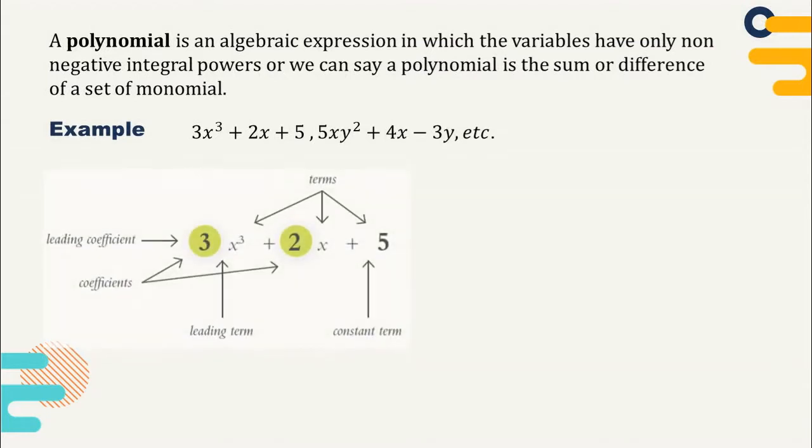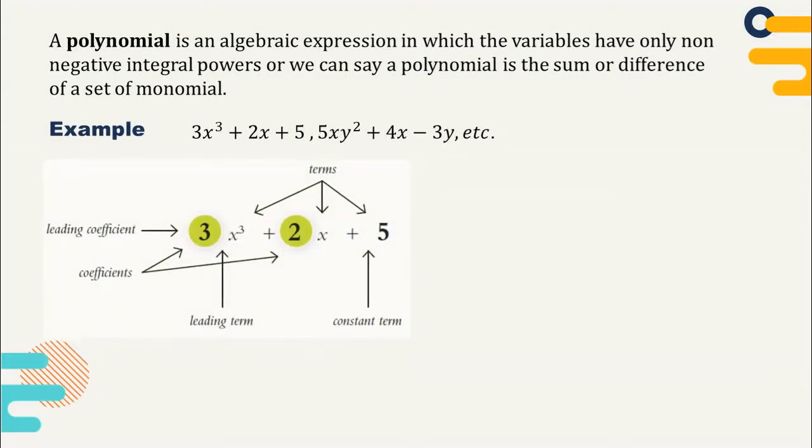From 3x^3 + 2x + 5, we can see they have three terms. The first term is 5, the second term is 2x, and the third term is 3x^3. The constant term is 5.